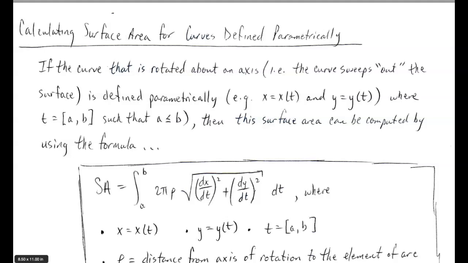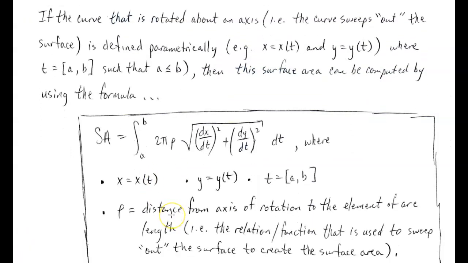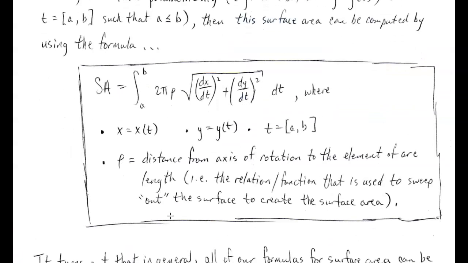And so again, the only thing that we really need to focus on here, because we do know how to find the derivative of x with respect to t and the derivative of y with respect to t, is if we're given that information.